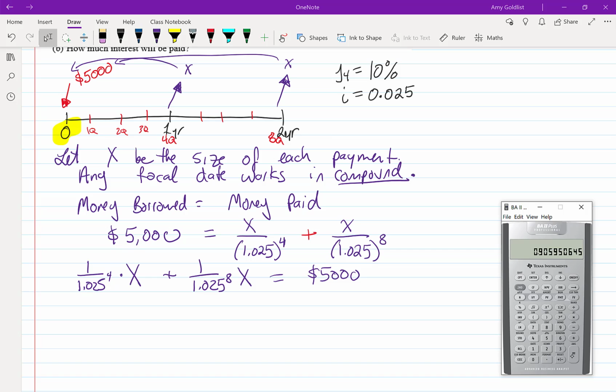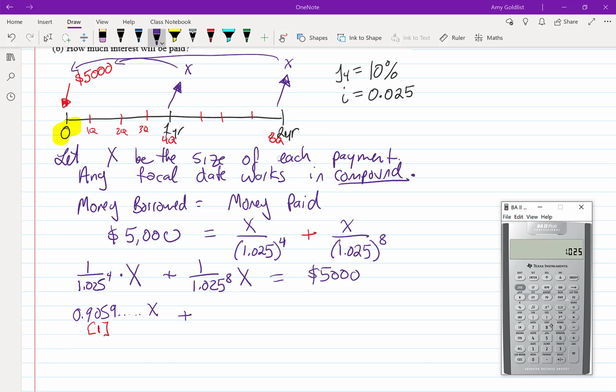That's a big long number, so I'm going to store it. I press store and then 1. And that is 0.9059 ... X. Anytime I store something, I like to write down what I stored it as so I can get it back.